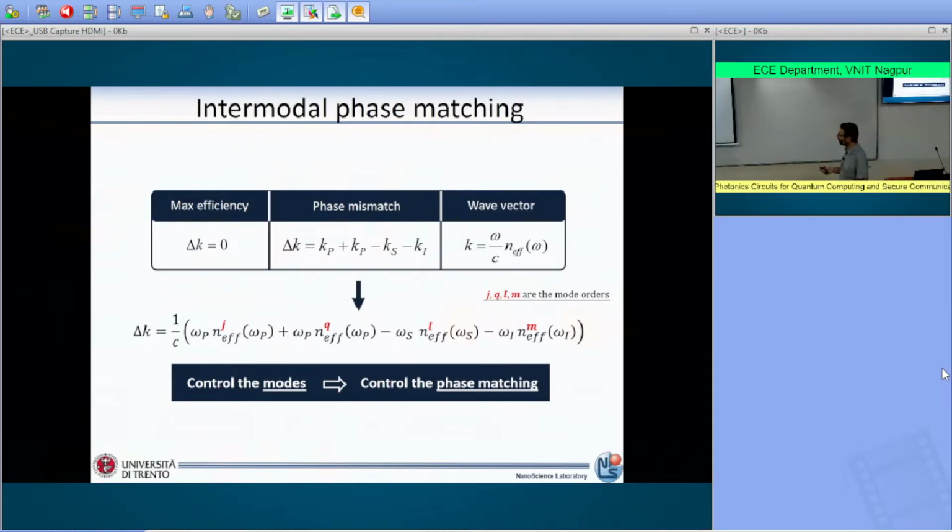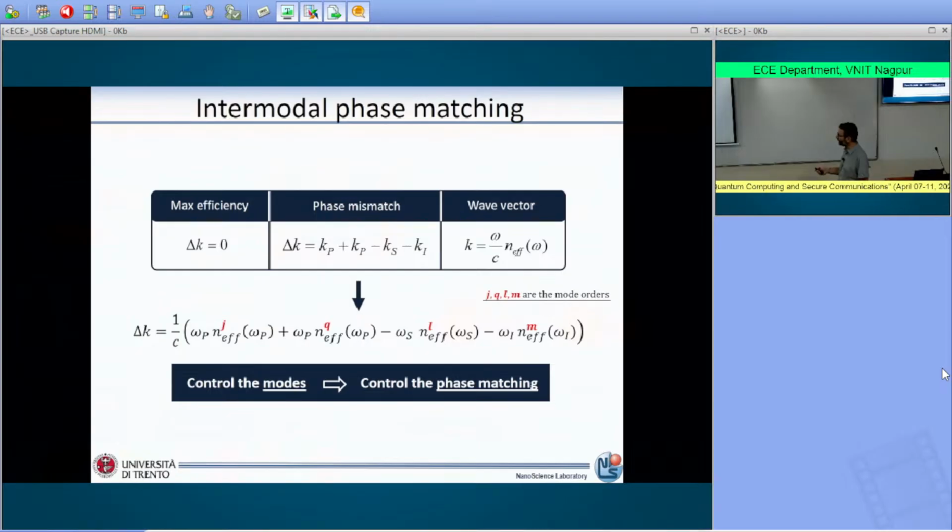First of all, the relationship between the momentum and the frequency of the photon is given by the usual relationship by which the momentum is equal to the frequency divided by the speed of light multiplied by the effective index of the mode. You should remember that the effective index of the mode depends on the frequency as well. And therefore we have that k is equal to omega times effective index divided by c.